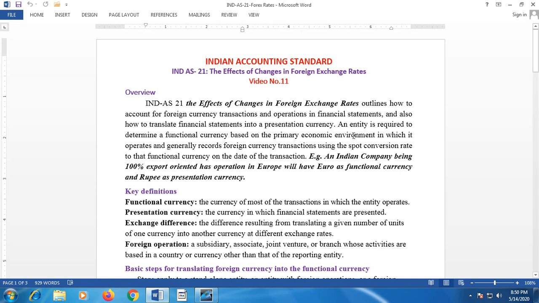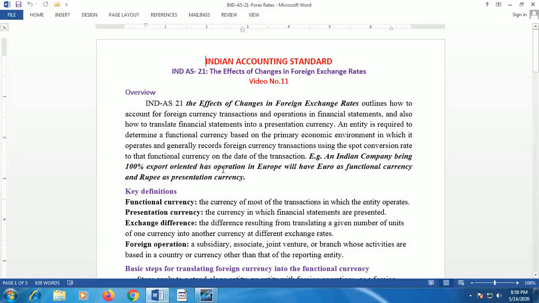An entity is required to determine a functional currency based on the primary economic environment in which it operates, and generally records foreign currency transactions using the spot conversion rate to that functional currency on the date of transaction.